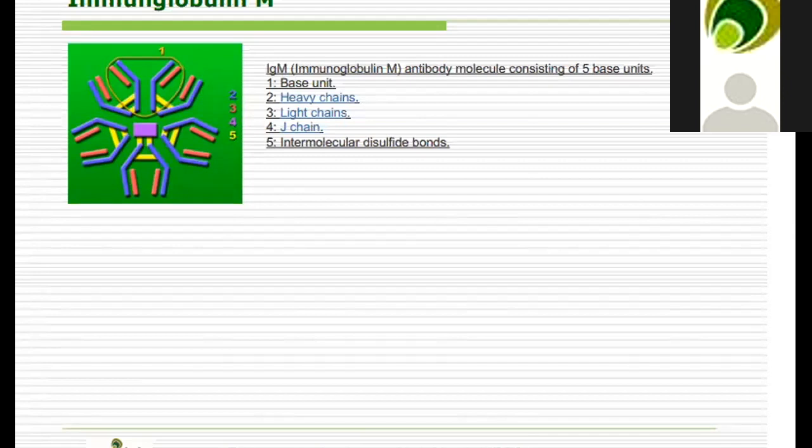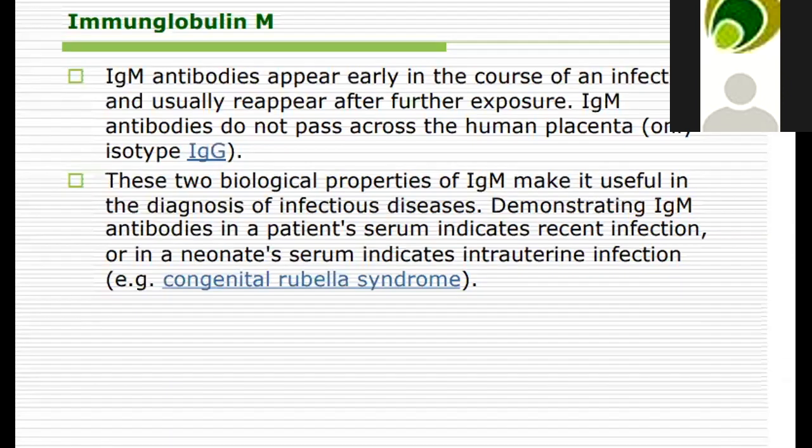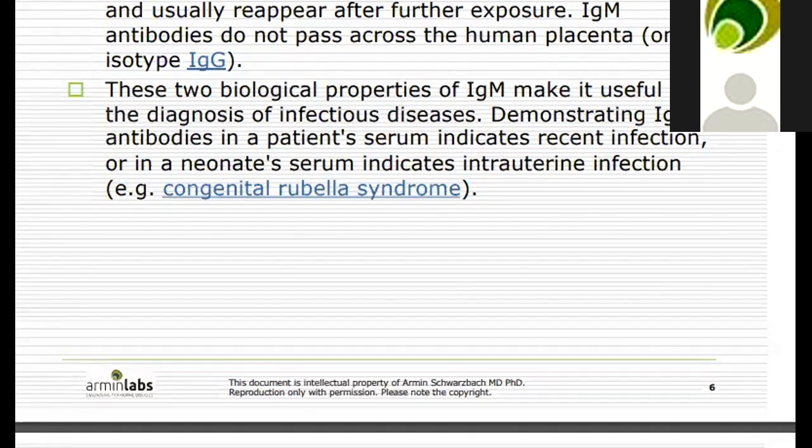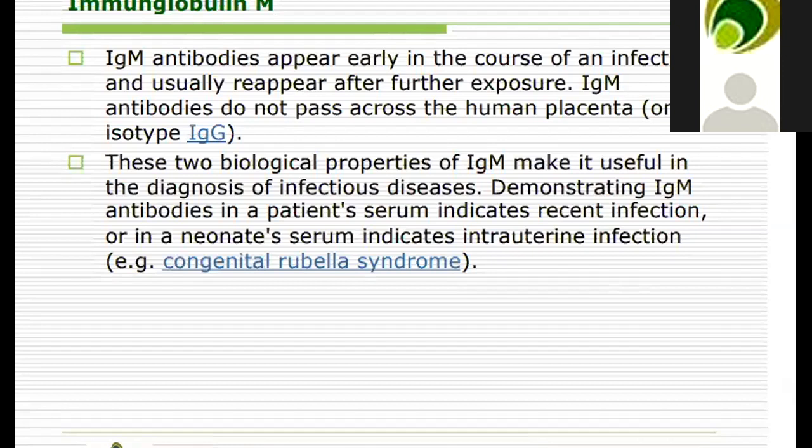The IgM appears, as I mentioned, in very early infections. It's a systemic marker, very important to know about that. It's not produced in local or localized infections. It's a systemic infection in the very fresh phase.